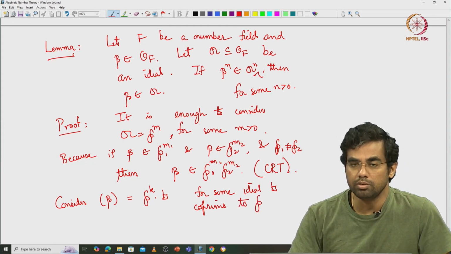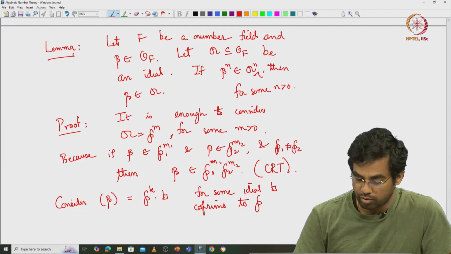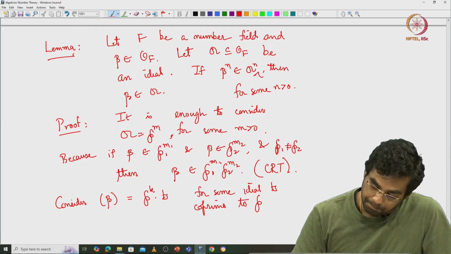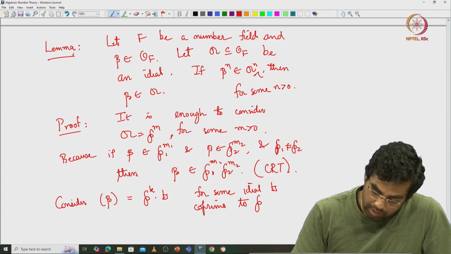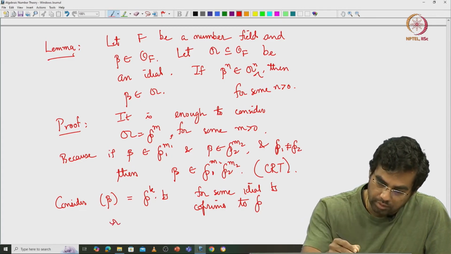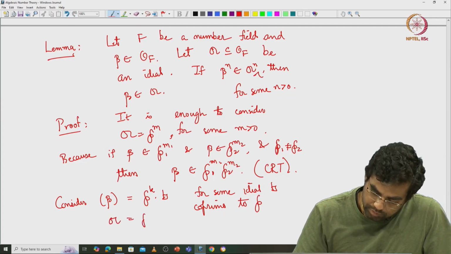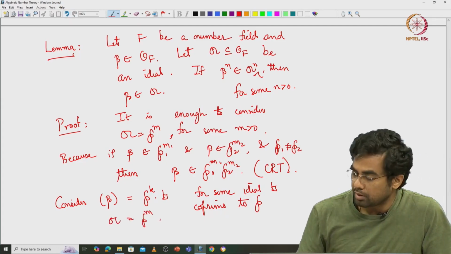Okay. So, B may be trivial ideal, I do not know a priori, k may be 0, I do not know a priori. Okay. And A, of course, is P to the power m, right.